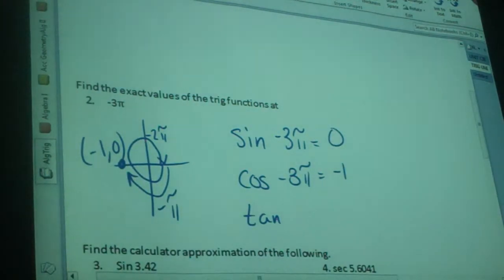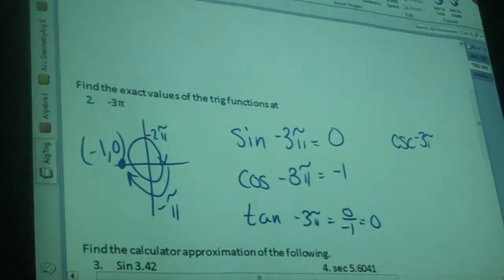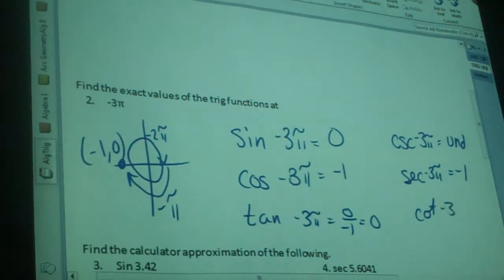It's going to be 0, because it's 0 over negative 1. Remember, y over x. And then what's cosecant going to be? Undefined. Good. Secant will be what? Negative 1. And cotangent will be? Undefined.